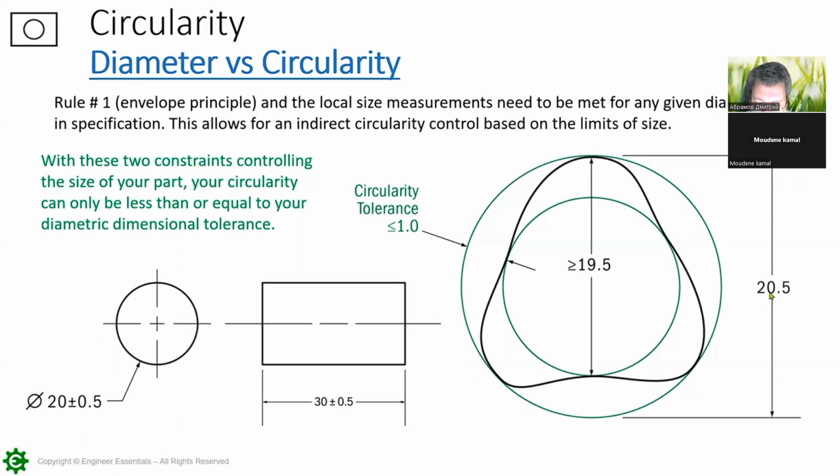So keep in mind when you're dealing with circularity, and this right here is actually a good thing for designers to look at, that when you put a sloppy tolerance on a diameter, like we've intentionally done here, obviously this is all exaggerated for effect, but this does happen from time to time where you recognize that you can handle a lot of size tolerance.